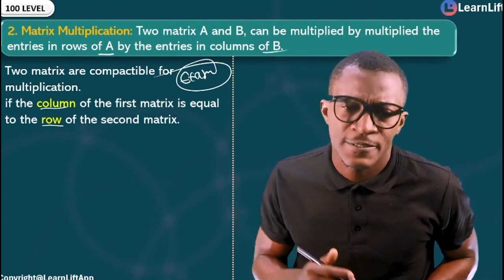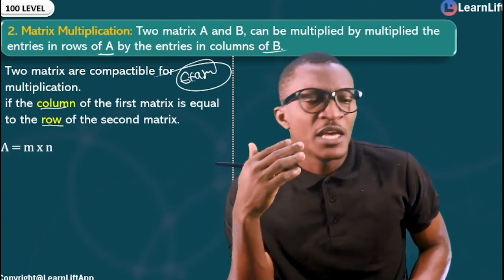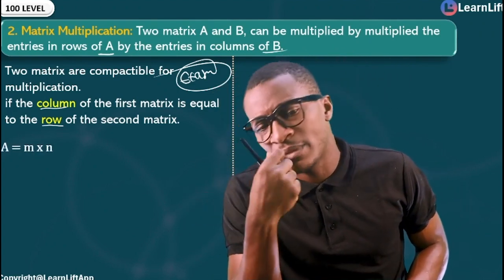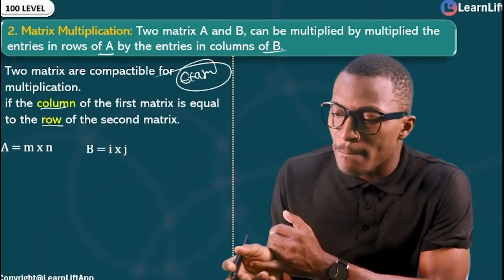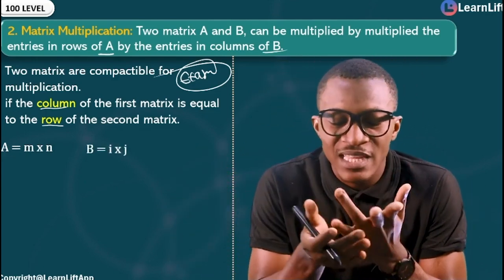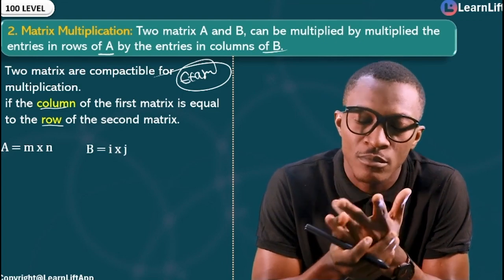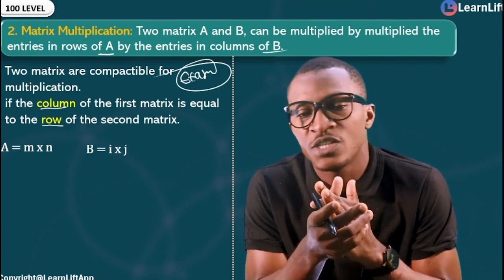Now, let's explain that. I write in matrix form. A matrix A was given as M times N, and another matrix B was given as I times J. M is the row, N is the column; I is the row, J is the column.